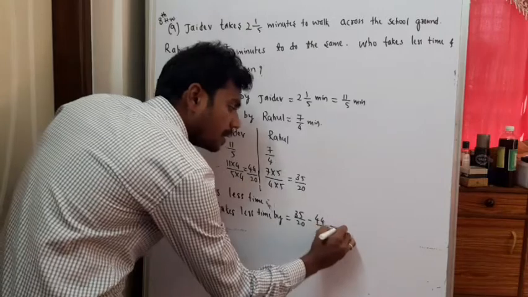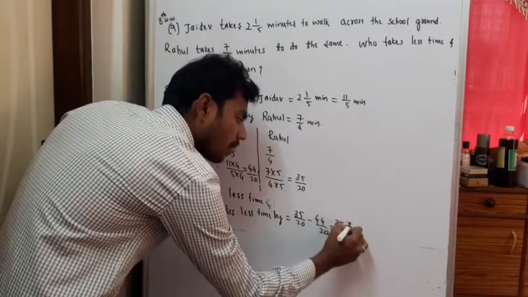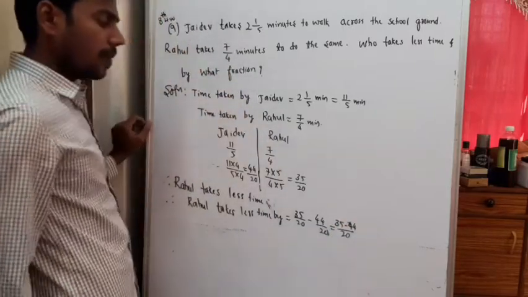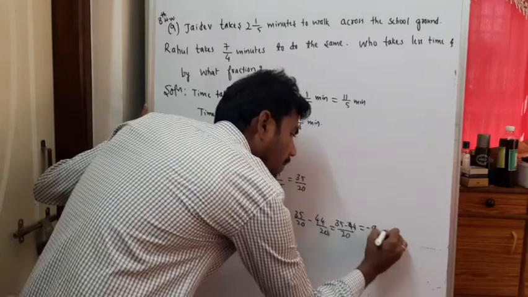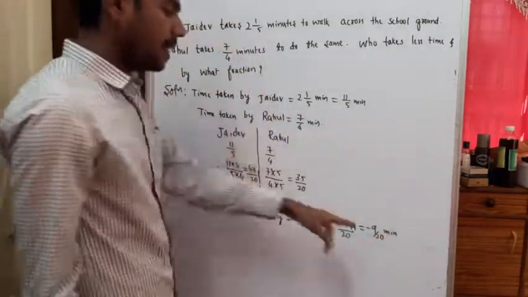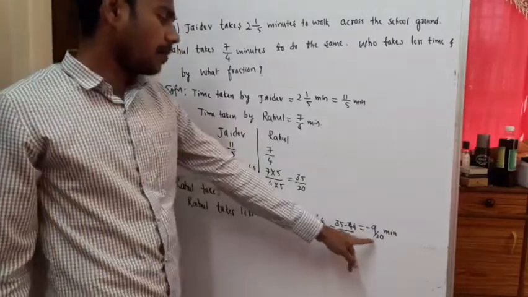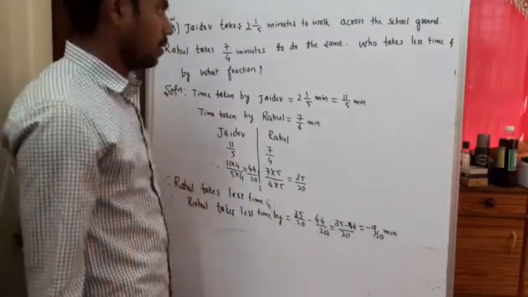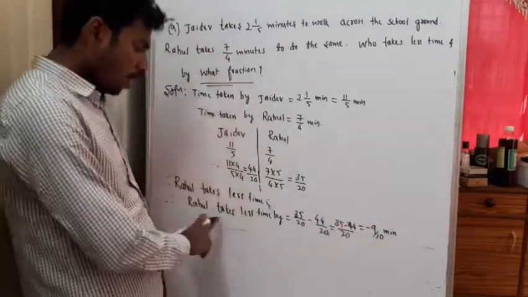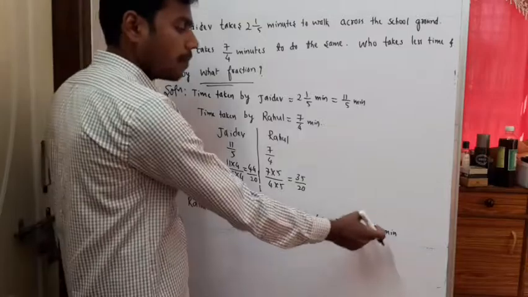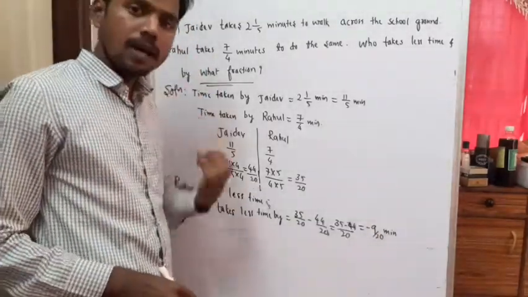Since the denominator is same, keep 20 as it is. Subtract the numerators, 35 minus 44. 35 minus 44 is nothing but minus 9 by 20. So minus indicates less time. So Rahul takes less time by minus 9 by 20 minutes. Minus indicates that it is the less time taken by Rahul.